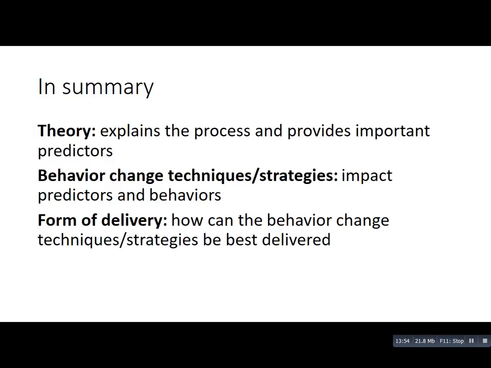And finally, we need to really think about how these behavior change techniques and strategies can be best delivered. Is it by an SMS? Is it face-to-face? Is it a mixture? How often do I want to give the intervention? Should it be very simple? Should it be a bit more complex?